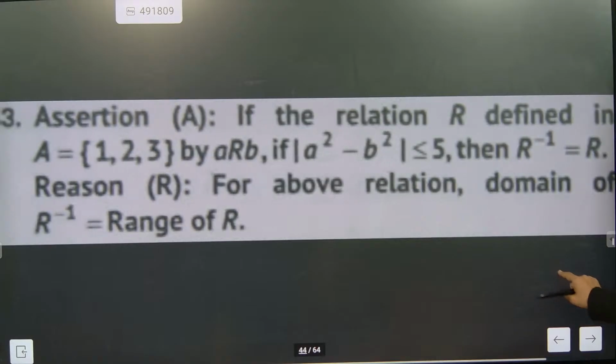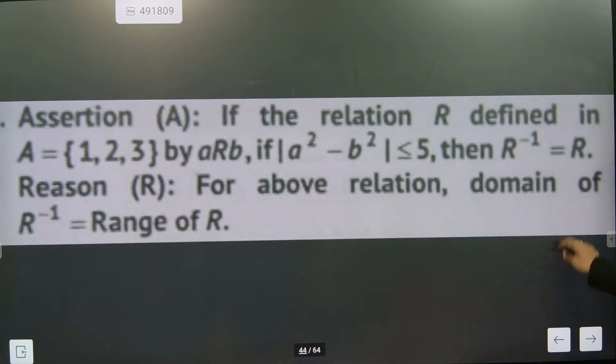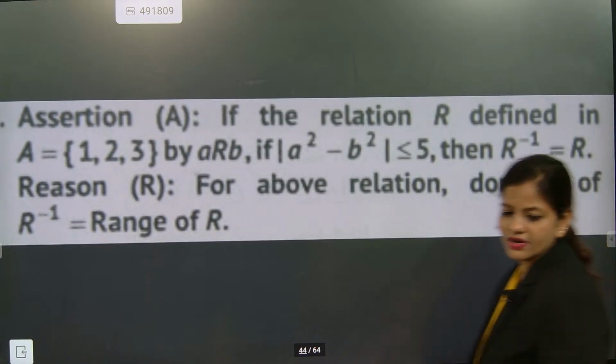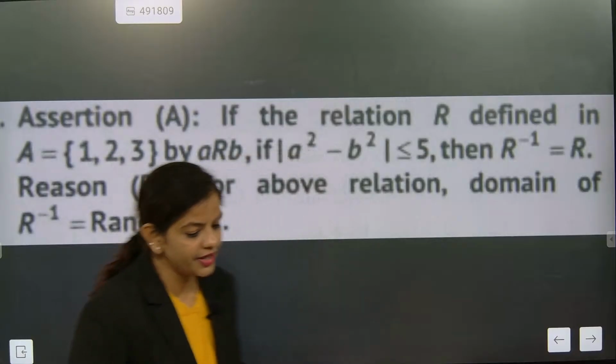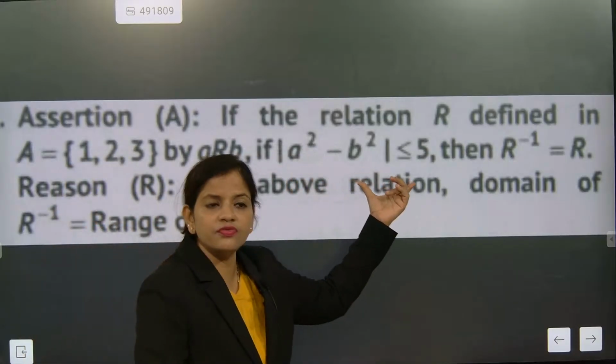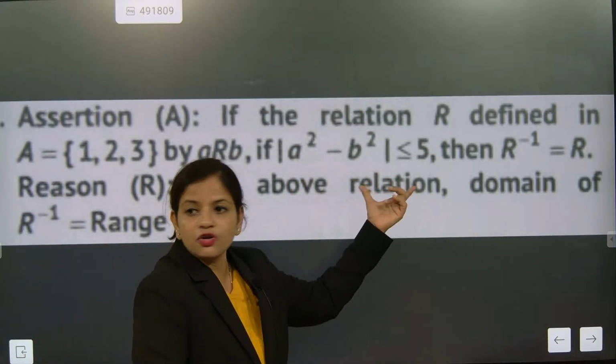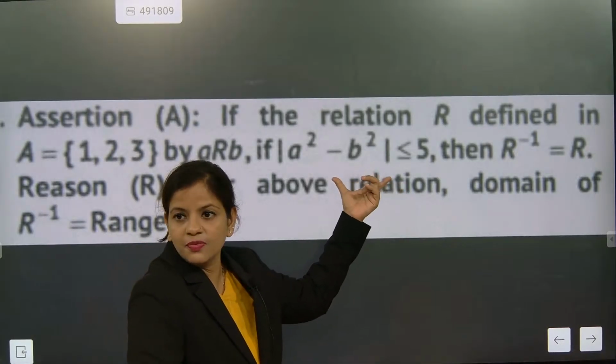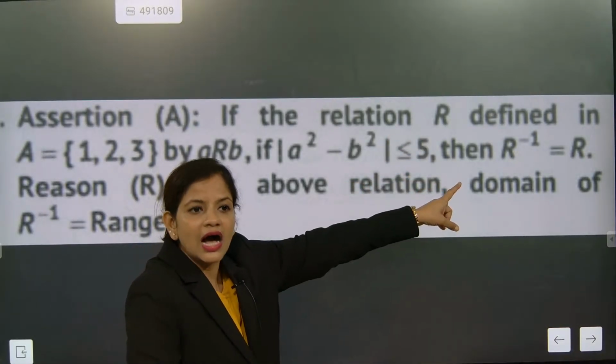Chalo, solve this question. What is the answer? This is R inverse 100%. R inverse will be equal to R. This I have already discussed in the first 3 videos. I taught that whenever any function like this is there, R will be equal to R inverse.